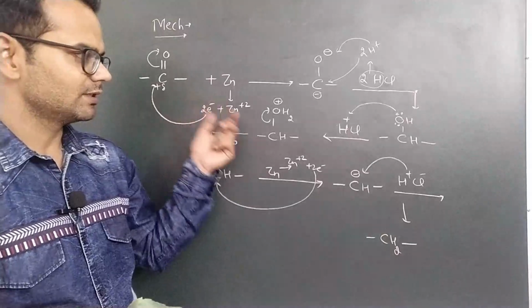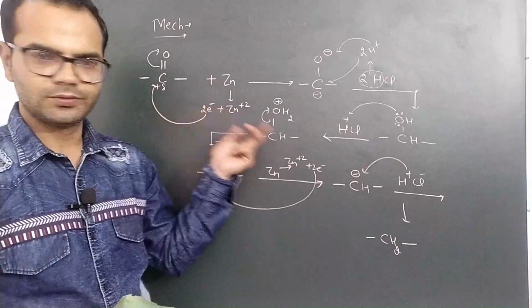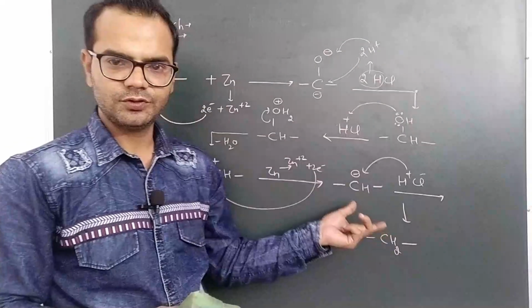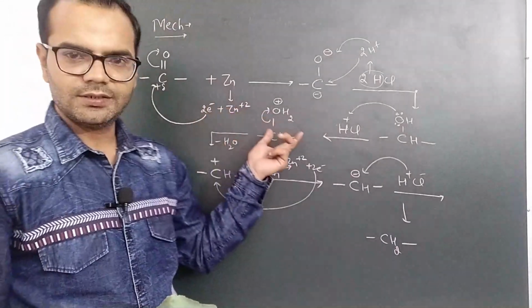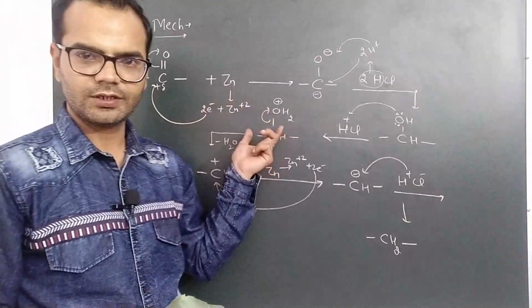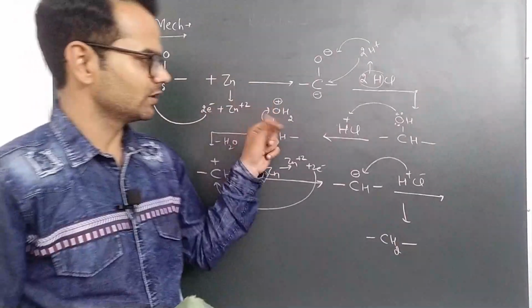In CBSE there is a direct question: convert propanone to propane. You can use a Clemmensen reduction. You don't need to explain the mechanism. You can simply solve it with the trick. Again, finally we are using the trick.